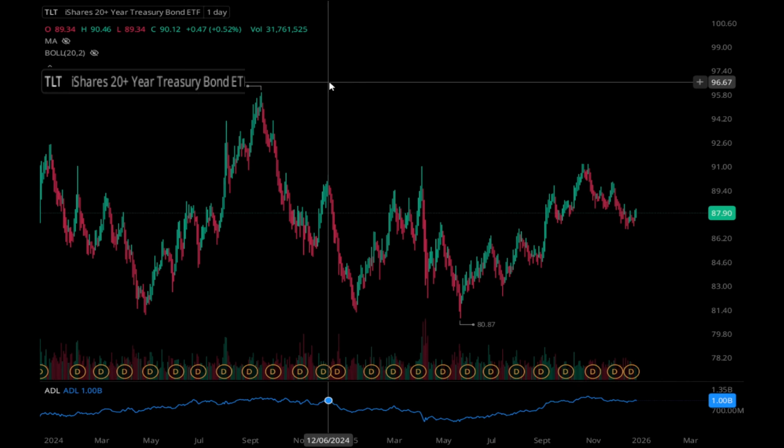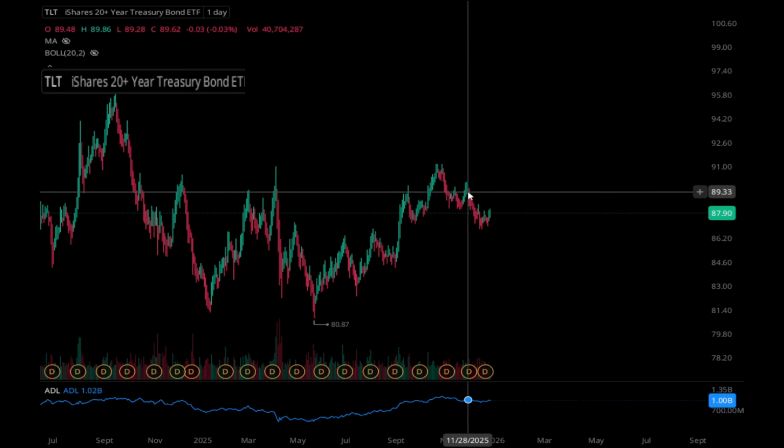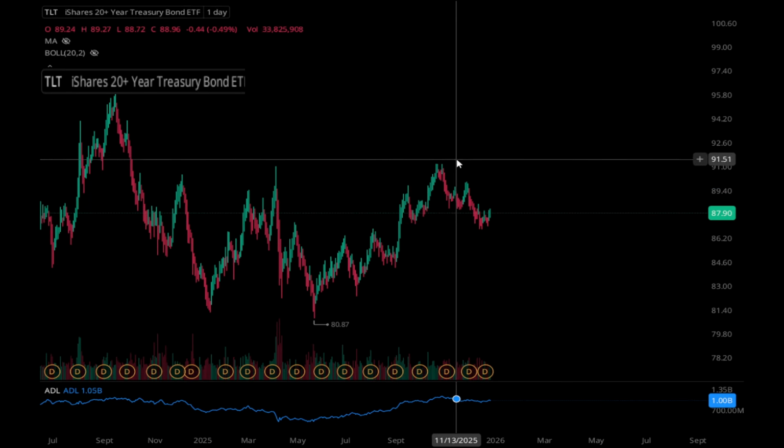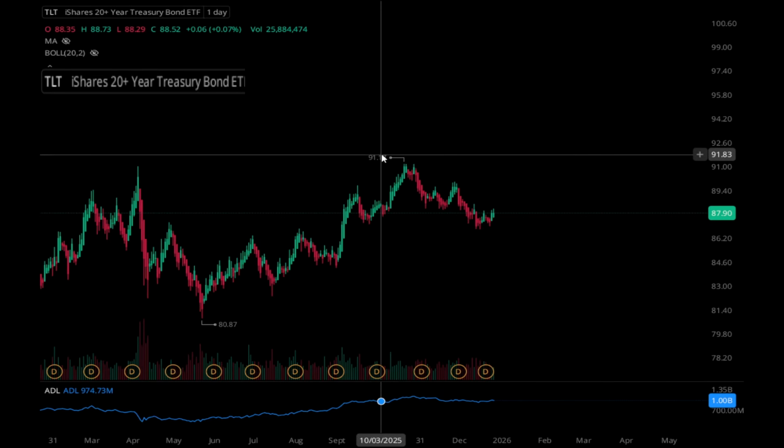I heavily disagree. I think there's potentially trillions of dollars waiting to be allocated into the treasury market. And we have been seeing stickiness, and a lot of things have been going on in the last few months. Since September, we've had the government shutdown, which was the longest in history.